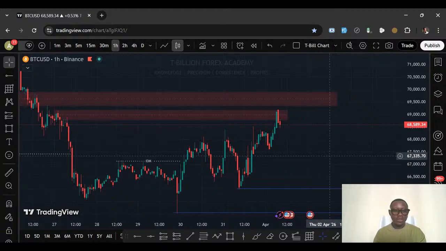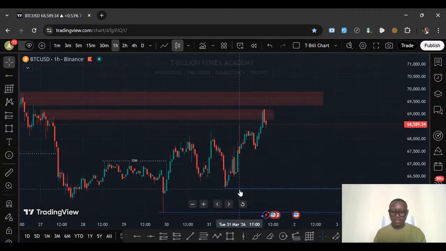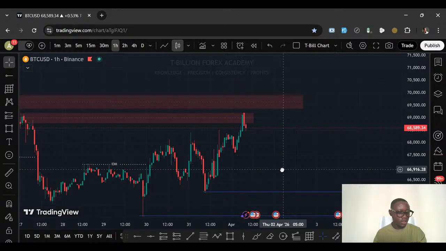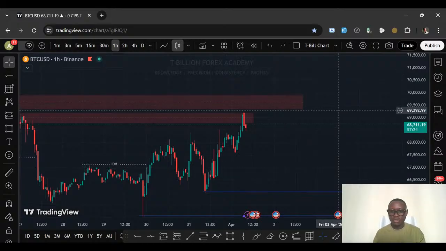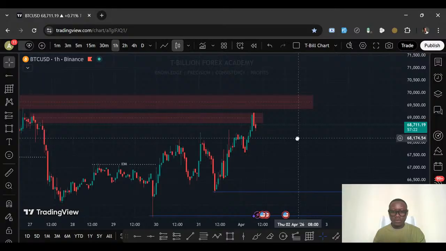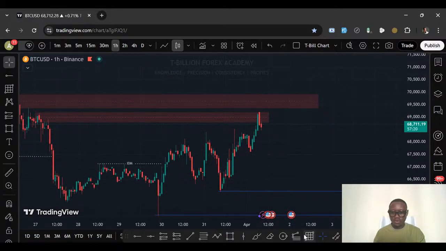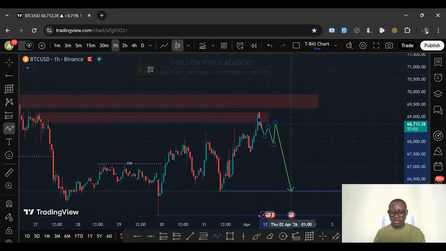Let's keep our take profits level not too ambitious. We'll wait patiently at the zone. As soon as we get something like this, then we'll take our entry and take price all the way to this.